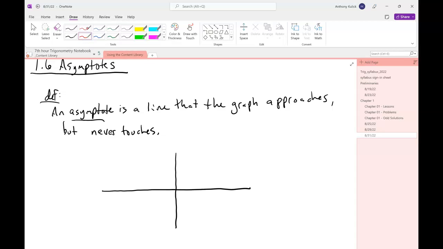So, when we draw one of these asymptotes on our sheet of paper, we usually use a dashed line to indicate that it's an asymptote.